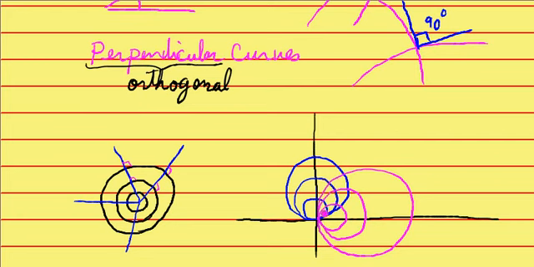Well, if I make all these blue ones with their centers on the y-axis and all of them passing through the origin, and all these pink ones with their centers on the x-axis and passing through the origin as well, then these two groups are going to be perpendicular to each other. Each of the first and second are going to be perpendicular to each other, meaning that I'll be assured that this angle here is 90 degrees. This one here is 90 degrees. This one here is 90 degrees, and so on. They are always perpendicular to each other.